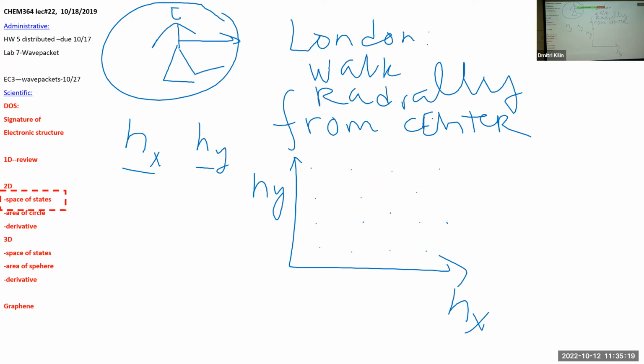So 5 minutes for 2 dimensions, 5 minutes for 3 dimensions. Can you dictate the quantum mass formula? There's an L on the bottom. Yes, pi squared L squared.